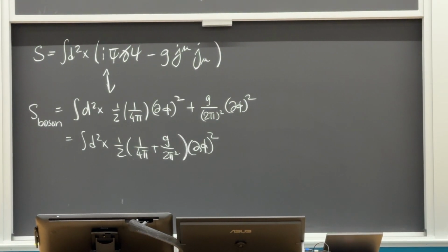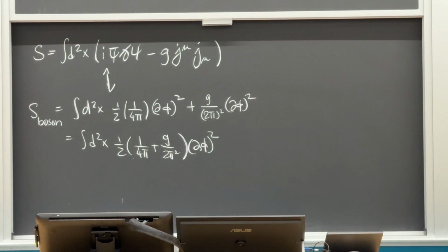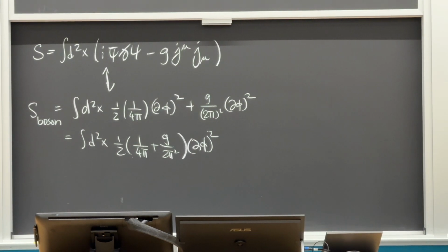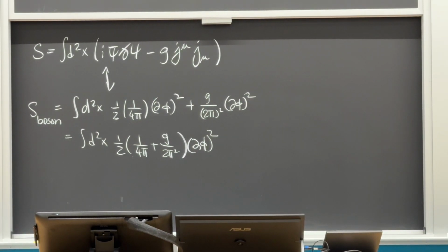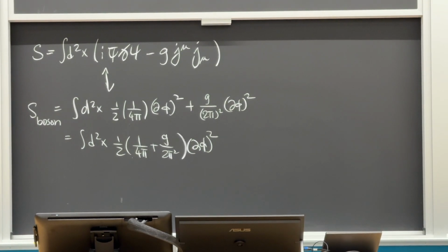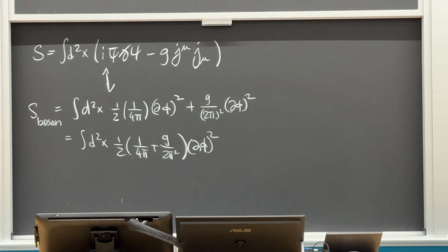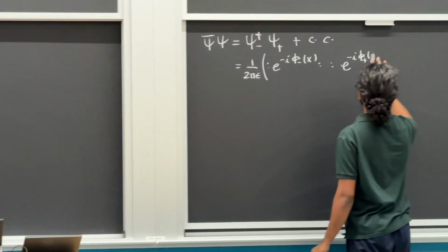So let me not do point splitting here. Well, you can and get the same answer. So psi minus dagger, remember, we mapped it to one over 2 pi epsilon e to the minus i phi minus x, and psi plus was mapped to, look at this once, e to the minus i phi plus x.